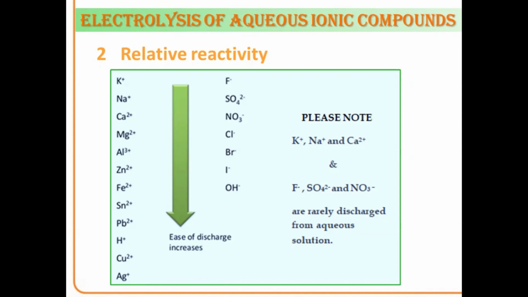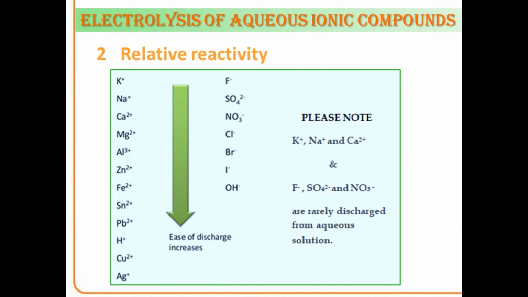So ease of discharge in this example increases down the series. Ag+ is the one that is most reactive, and potassium is the one that is least reactive. As a general rule, we say that potassium ions, sodium ions, and calcium ions are never discharged from an aqueous solution.